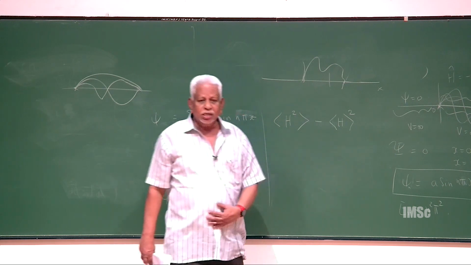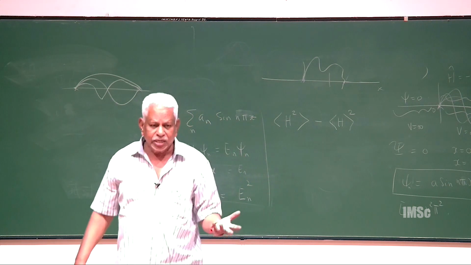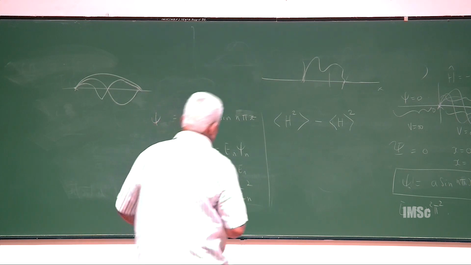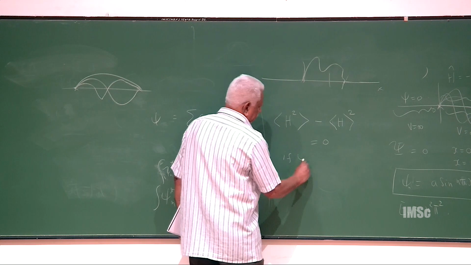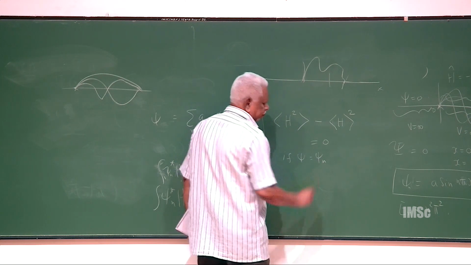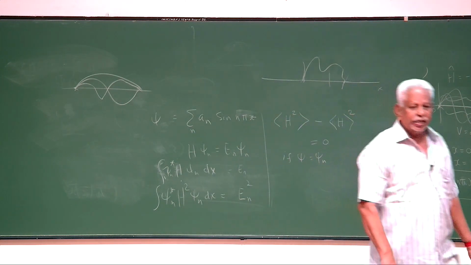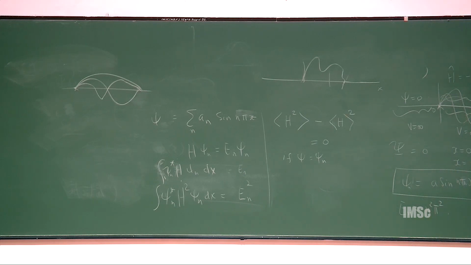H average is En, the square of that is again En square. So this is 0 if psi is an eigenstate. If it is not an eigenstate but a linear combination, it will not be 0, it will always be positive. That's an important point.